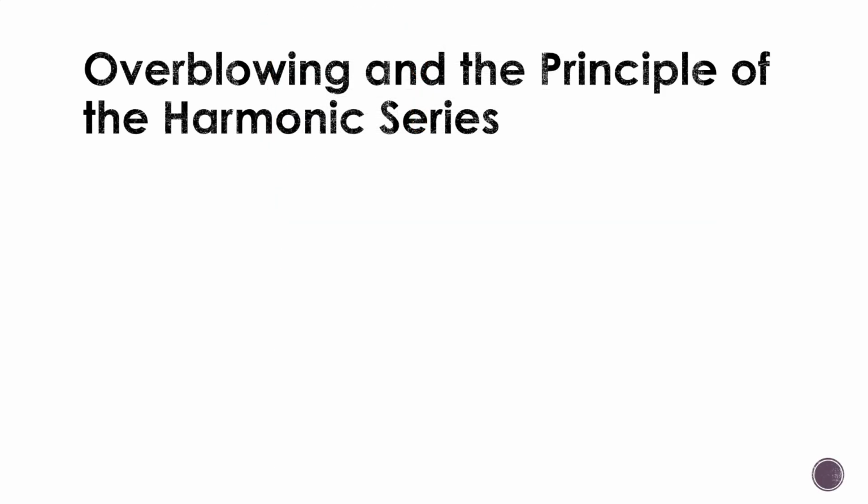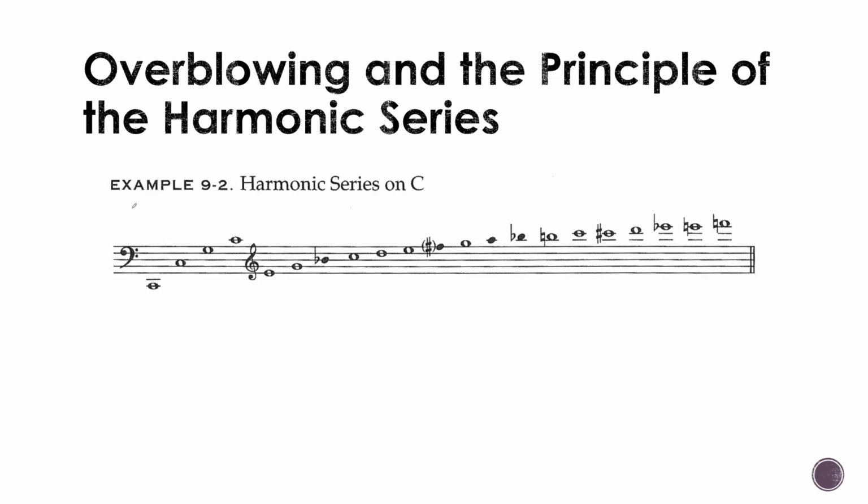All the brass instruments, without an exception, produce sound through overblowing, which means they can only produce the harmonics, the overtones of a fundamental pitch. Let's say this is horn in C. Those are the only pitches that this horn can produce.